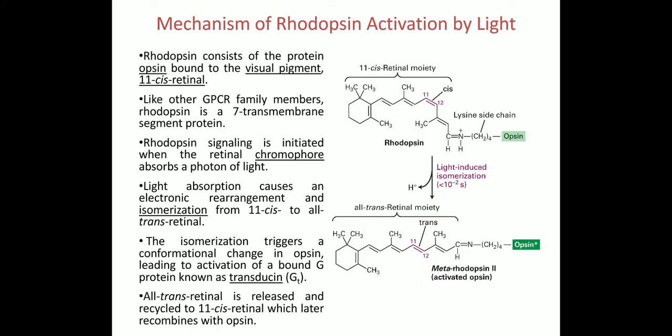Activated opsin is unstable and spontaneously dissociates into its component parts, releasing opsin and all-trans retinal, thereby terminating the visual signaling. In the dark, free all-trans retinal is converted back to 11-cis retinal, which then rebinds to opsin, reforming rhodopsin.